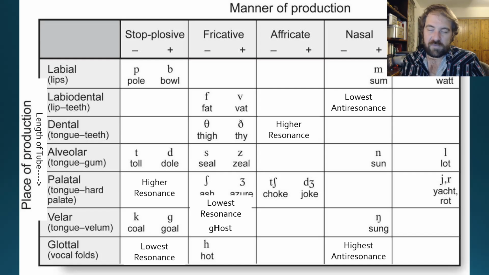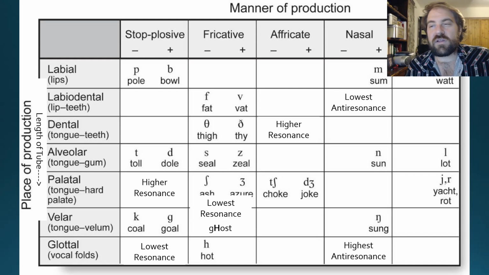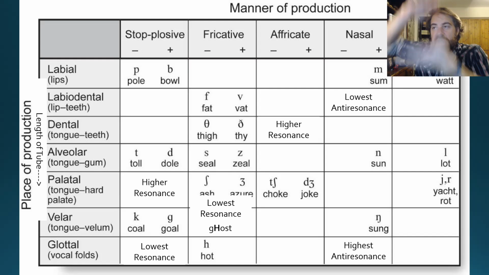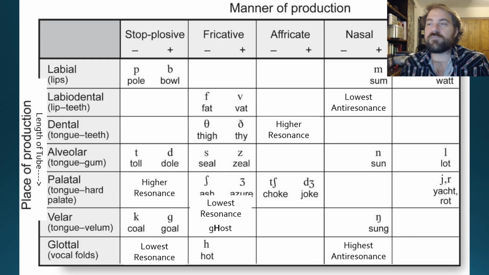So that's not what I'm talking about with lowest resonance. Lowest resonance you get with the sh versus the sa. So you're going to see the peak of energy shifts down a little bit. With the affricates, they're both in the same place. So really what you see is voicing is the difference between those. M has the lowest anti-resonance. Ing has the highest anti-resonance.